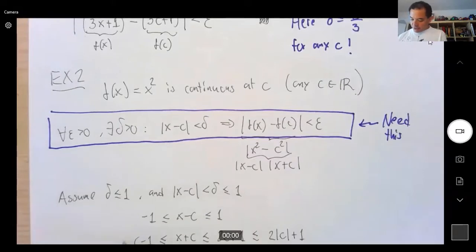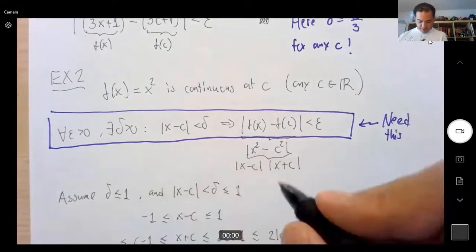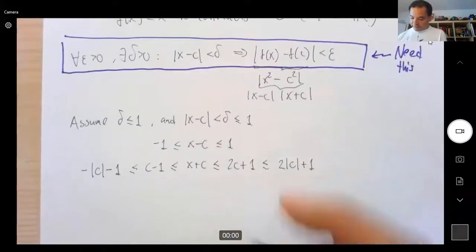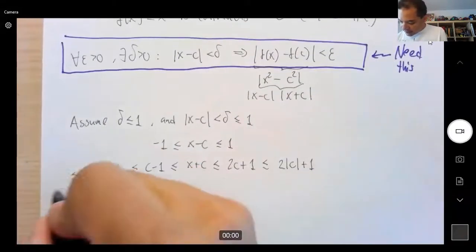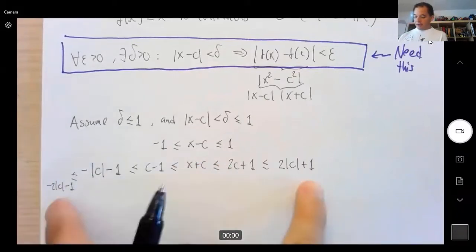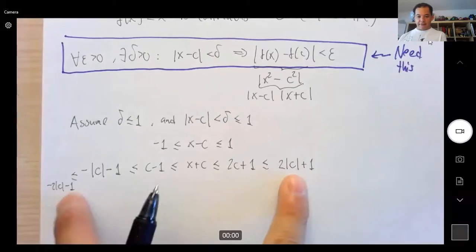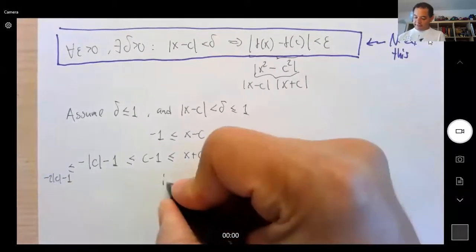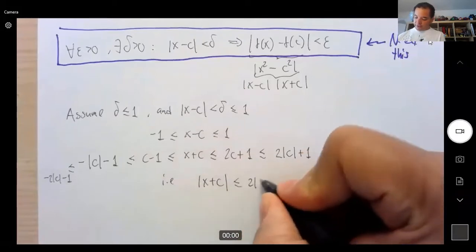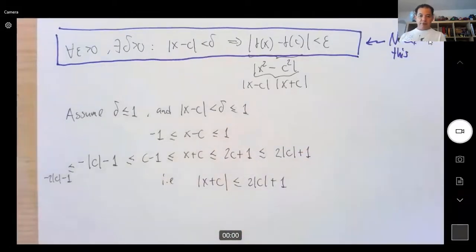And this is for sure bigger than negative 2 absolute value of c minus 1. So in other words, x plus c in absolute value for sure is smaller than 2 absolute value of c plus 1, right? You see what we're doing here?